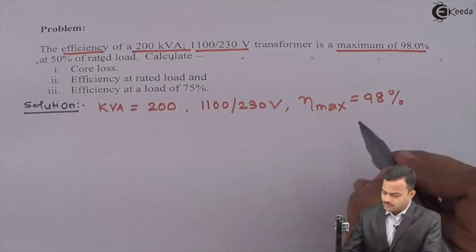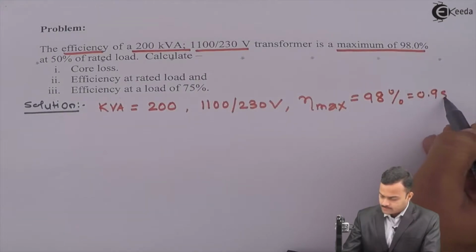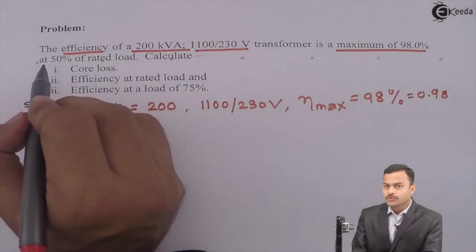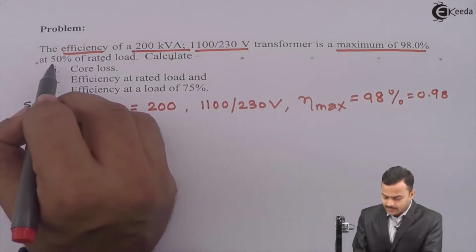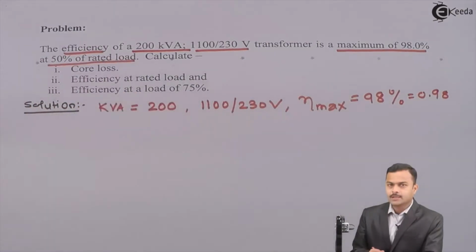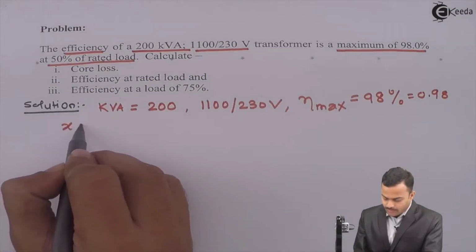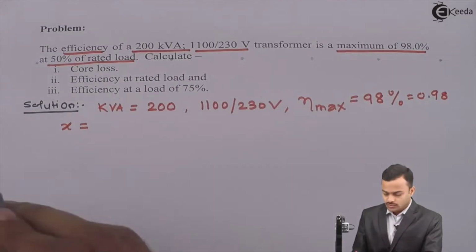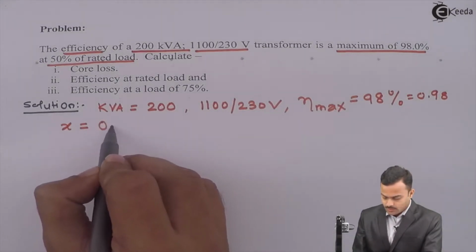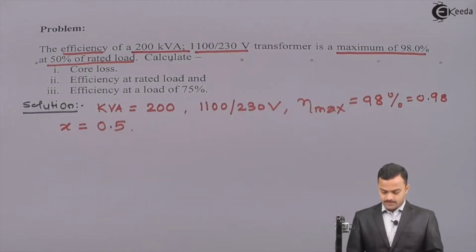So 98% means it is 0.98, and most importantly, that efficiency is occurring at 50% of the rated load. What does that mean? They have given the value of X, fraction of rated load, and that is 50%. So 50% means 0.5. So these are the things given.